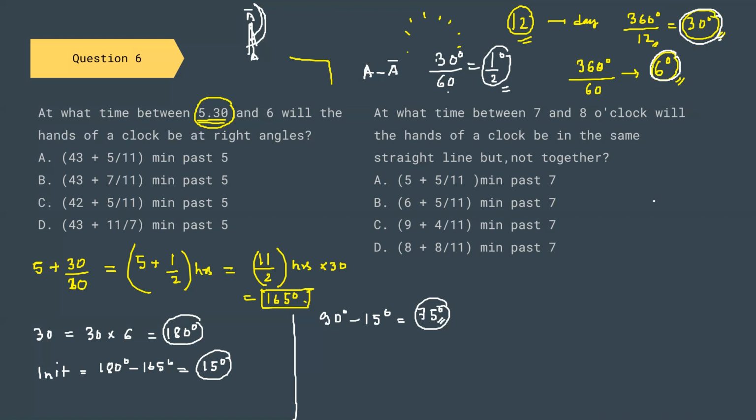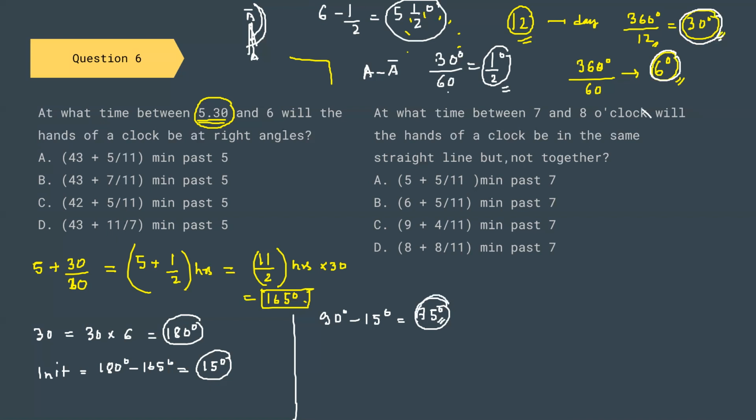So the relative angle covered by the hour hand and minute hand per minute is 6 minus half, that is 5.5 degrees. So every minute, the relative angle between your hour hand and your minute hand is 5.5 degrees.